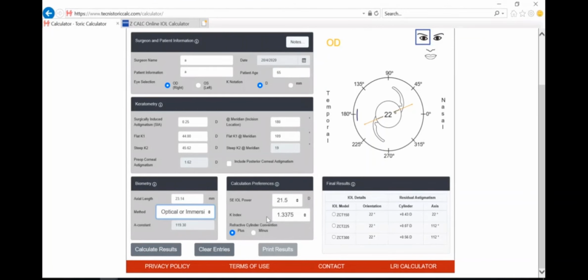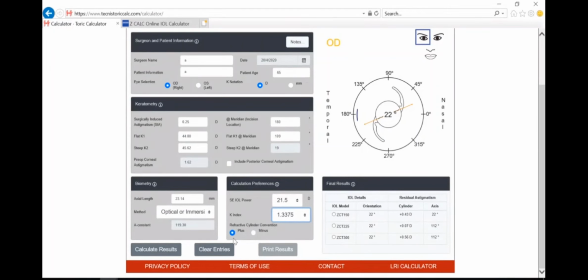And the K-index is something that you need to choose based on the keratometer that you're using. In this case, I assumed it to be 1.3375. There are other options here, so you need to choose the correct index based on the keratometer model being used. Then choose either plus or minus cylinder to be shown as your results.